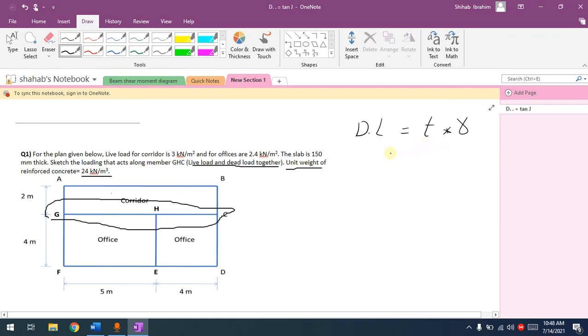The thickness here is in millimeter, 150 millimeter, and this is kilonewton per meter cube, so we have to change the units to be consistent. So we can say 150 over 1000, changing it to meter, and multiply by the unit weight that we have there.